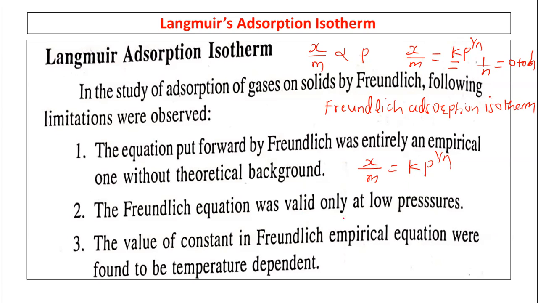The Freundlich equation was valid only at low pressure. This equation holds true at low pressure, meaning the amount of the gas adsorbed per unit mass of the adsorbent is directly proportional to the pressure, but only at low pressure. The value of the constant in the Freundlich equation is found to be temperature dependent.